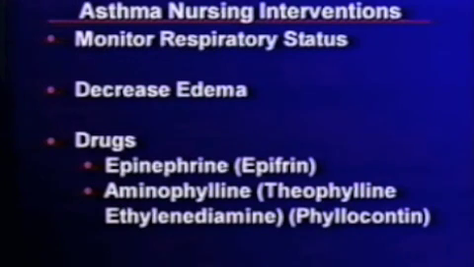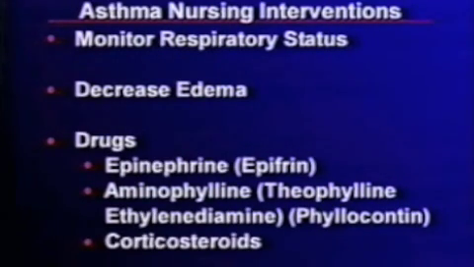The other thing that is also given is corticosteroids. Now, corticosteroids are given for respiratory problems because of their anti-inflammatory effect. Corticosteroids are given for other reasons, and we're going to talk about that when we look at the endocrine system. Sometimes they're given in such small doses in the respiratory illnesses that they are not weaned off of them.